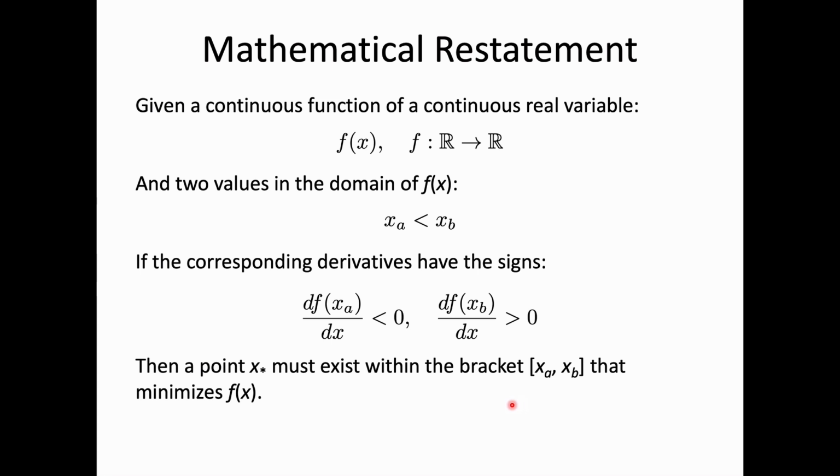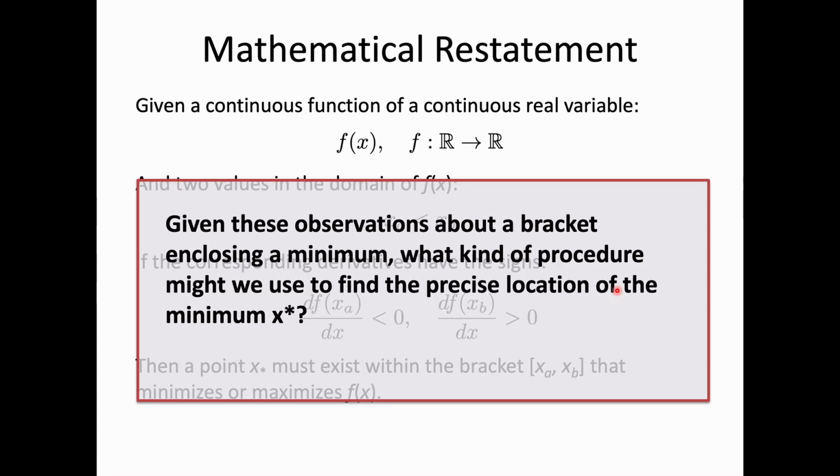And I can state this definitively because of the order of these signs. So we have a negative slope at the beginning at xa, and then at xb we have a positive slope. We have a decrease and then an increase. So therefore somewhere in the middle we must have a minimum, and that requires this assumption that the function f of x is continuous and smooth.